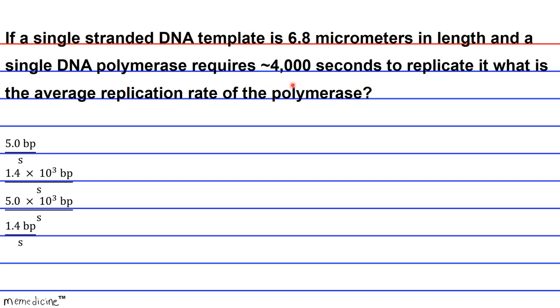So, okay, again, the length of the DNA strand in question is 6.8 micrometers, and we know from scientific notation that micrometer is going to be μm, or 10 to the negative 6 meters, okay?